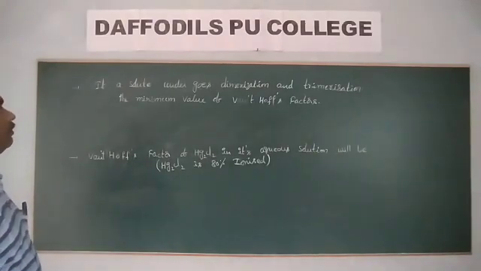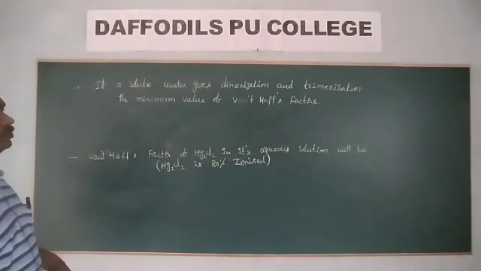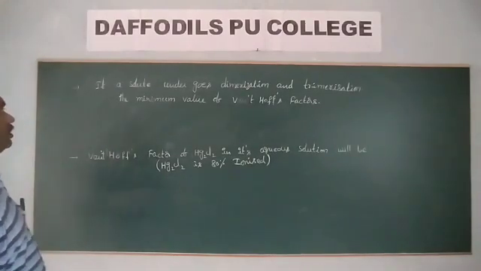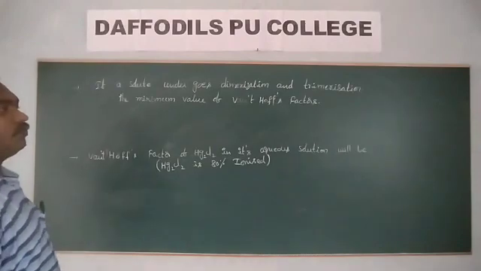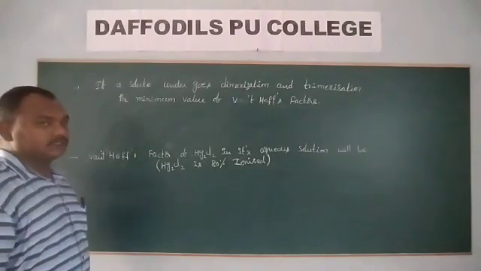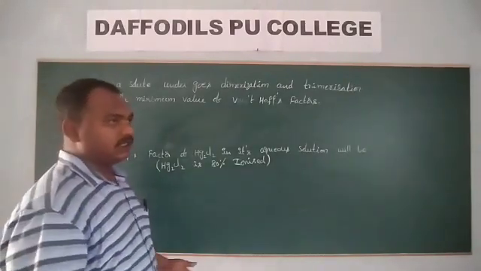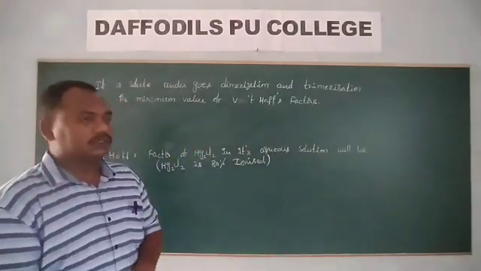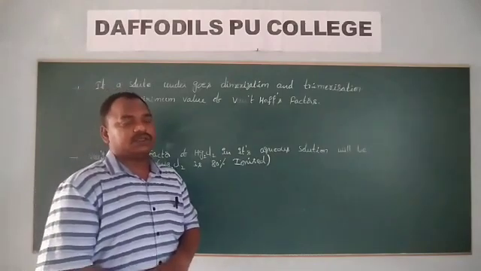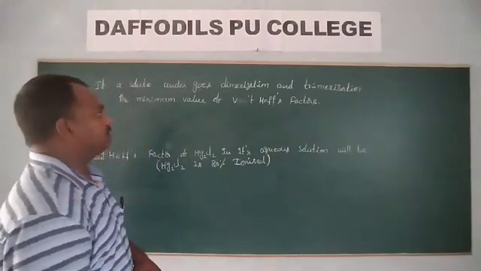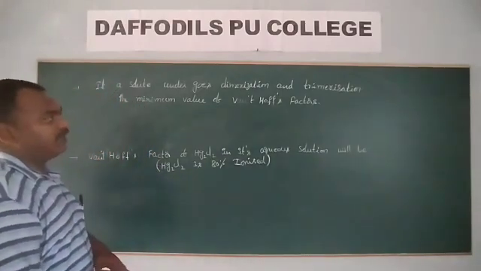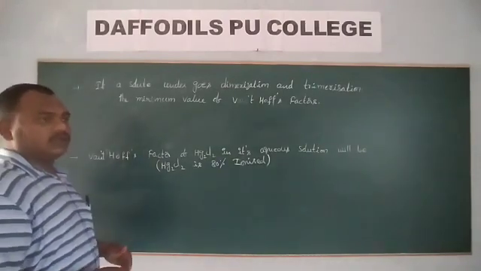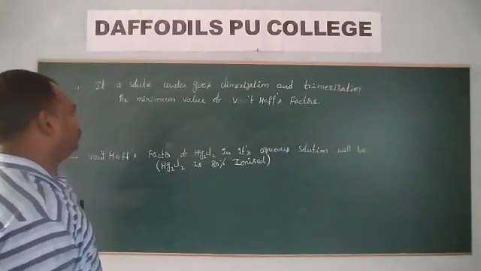Next one: if a solute undergoes dimerization and trimerization, the minimum value of Van't Hoff's factor. So a solute is there which is undergoing dimerization and also trimerization. Now they are asking what the Van't Hoff factors are when it is undergoing dimerization and trimerization.